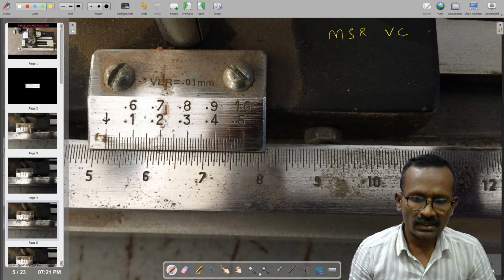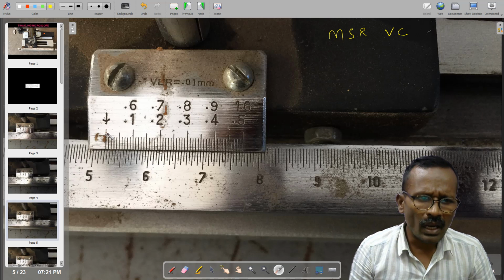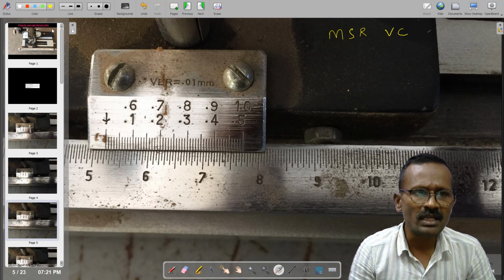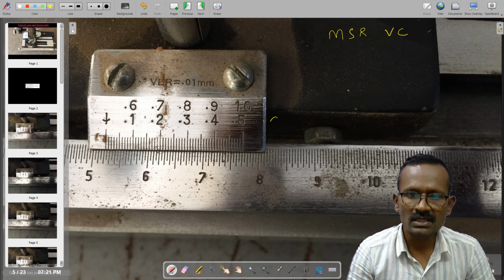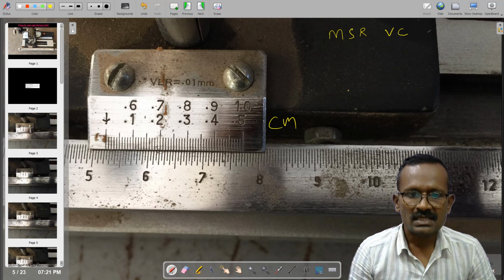See, we can see here. See, this is an arrow, no? The arrow lies between what? Between which numbers? This is 5. This is 6. These are all in centimeter: 5 centimeter, 6 centimeter, 7 centimeter.